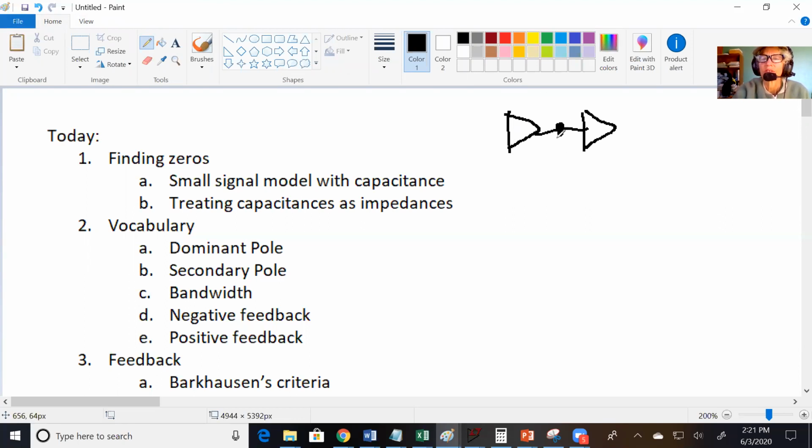And this node has some capacitance. It's the sum of the capacitance contributed by the wires and the transistors. But in our case, we're ignoring the wires. So it's the sum of the capacitance from the transistors. Going over here, you might hit a gate or a base. Going back this way, you might hit a collector or emitter. But all of those contribute capacitance to this node.